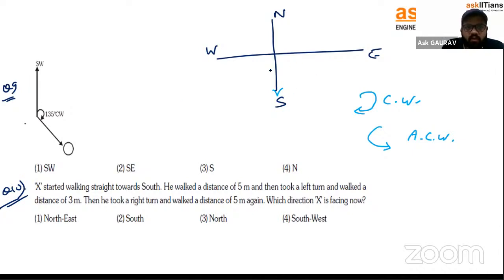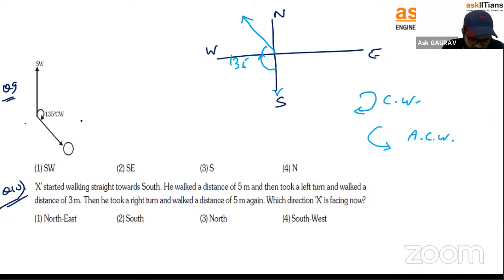Okay, this is south. You're moving 135 clockwise. So first you will move 90 degrees clockwise and then 45 more. So this arrow will be your 135 degree clockwise direction. And what is this arrow? This is north, northwest. Just a second. Clockwise direction.